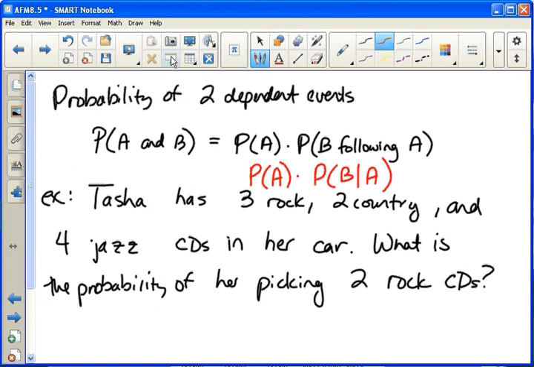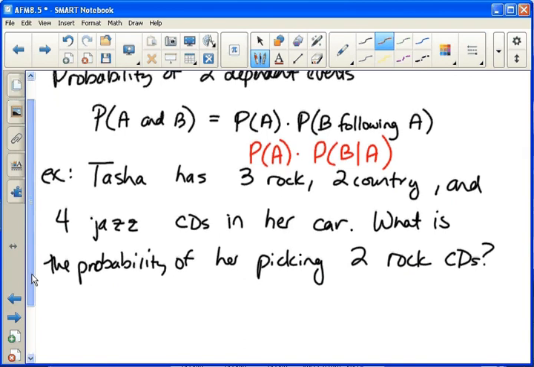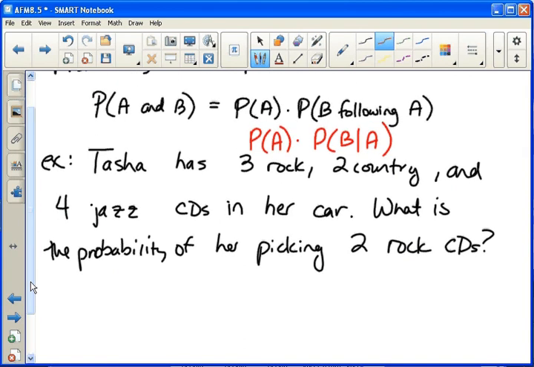So the first pick did affect the second pick because it changes the odds once you remove one of the CDs from the car. So we need to think, what's the probability of picking a rock CD the first time, and then what's the probability of picking a rock CD second?